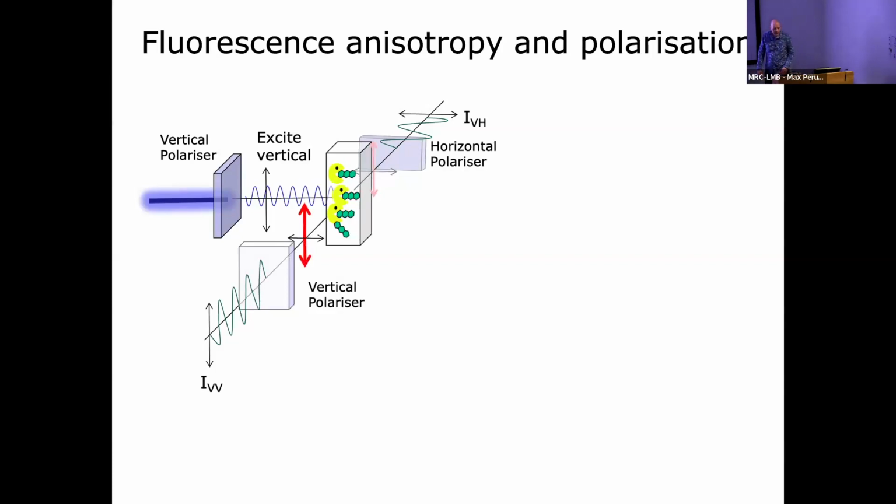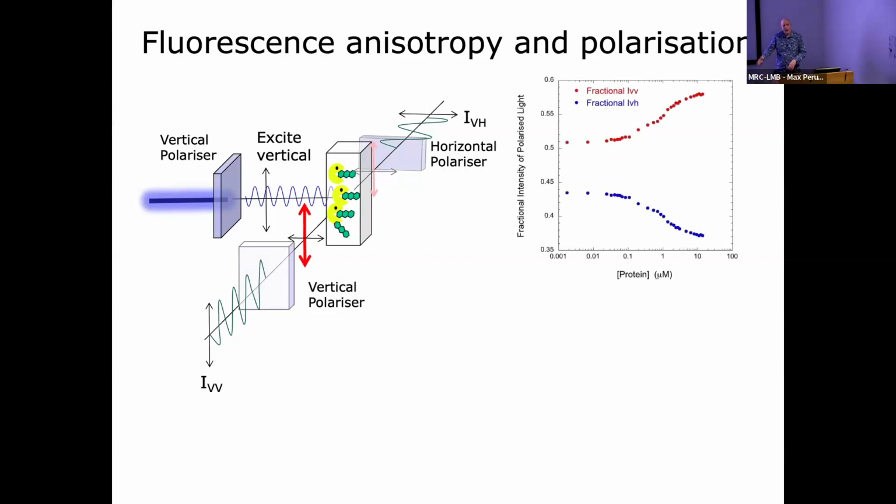Then when we slow things down by binding, reducing the tumbling, we're going to get more polarized light in the vertical direction. So if we titrate in, say, the protein, you can see the vertically polarized light coming off increases, while that in the horizontal, in blue, decreases.